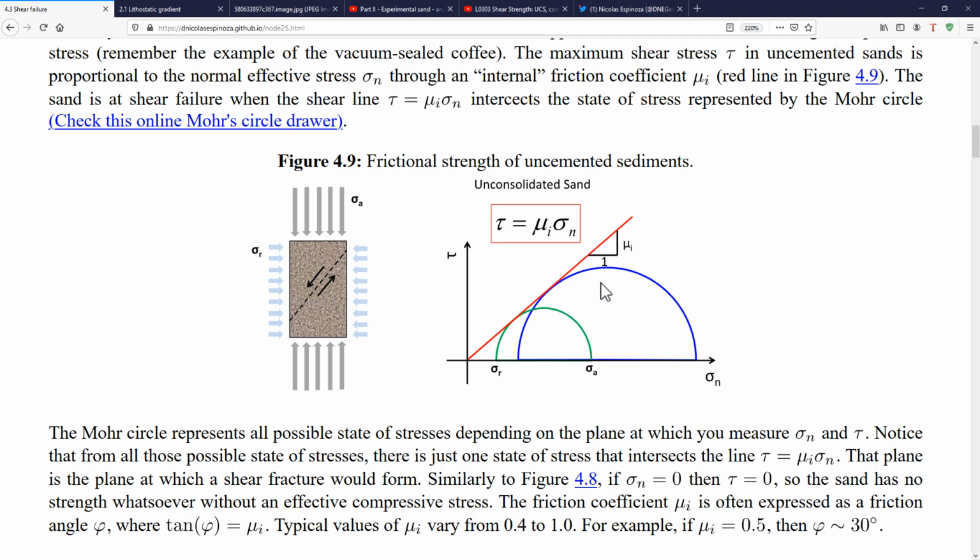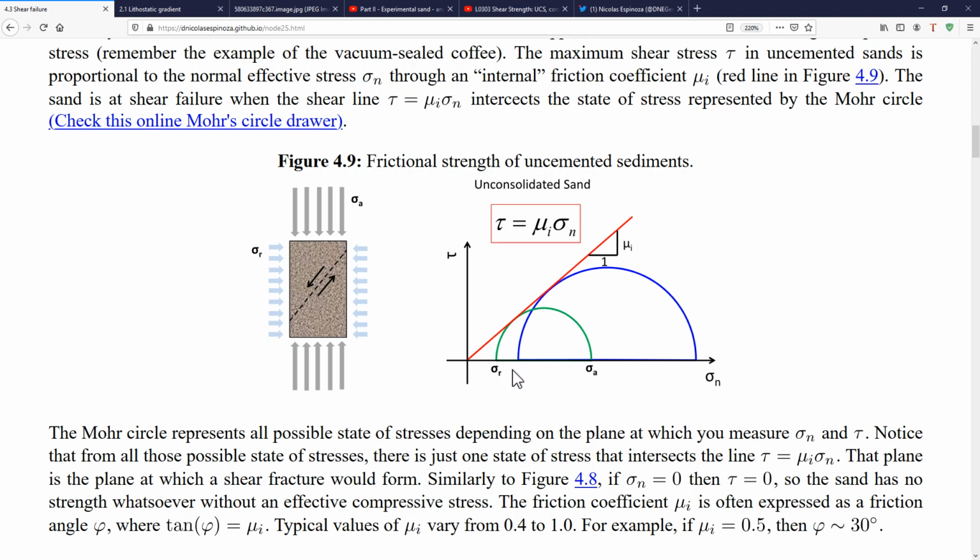Okay, I have a few more examples to relate to this frictional strength of an uncemented sediment. We have seen that if we have a non-zero effective confining stress, in this case the radial stress, then this material is going to be strong, and that's going to depend on how much confining I have and what is the friction coefficient.